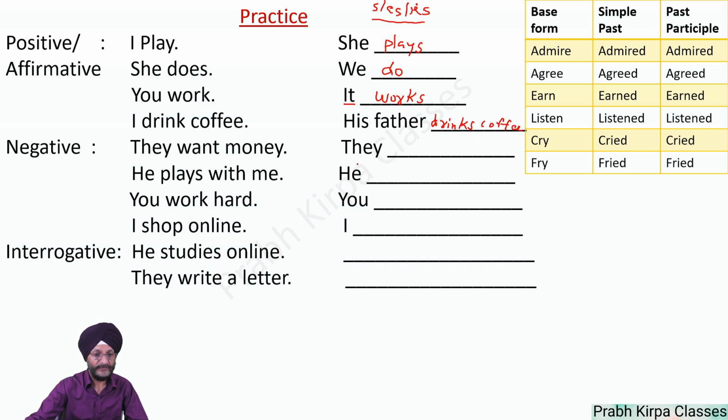They want money. Here we have to convert this sentence into negative. So they do not want money. He plays with me.